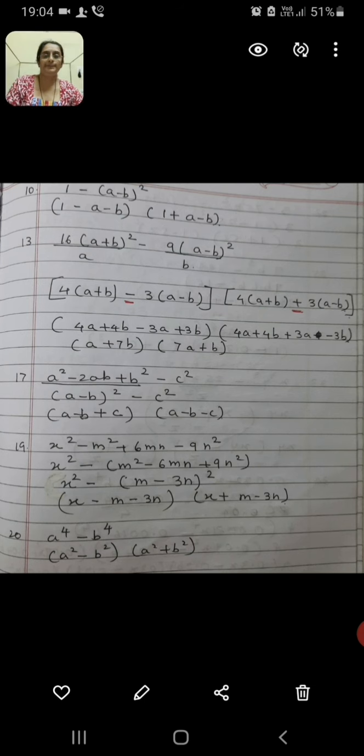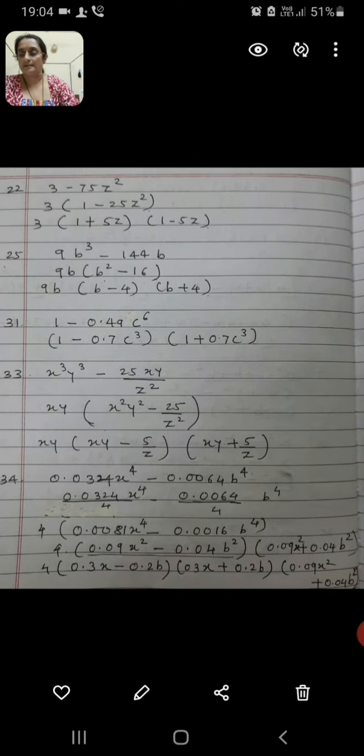Let us go to the next exercise, that is 14D. Sorry children, still a few sums we have to do. The sum is 3 minus 75z square. So here there's no common number you can find to take the root or find the difference of squares.